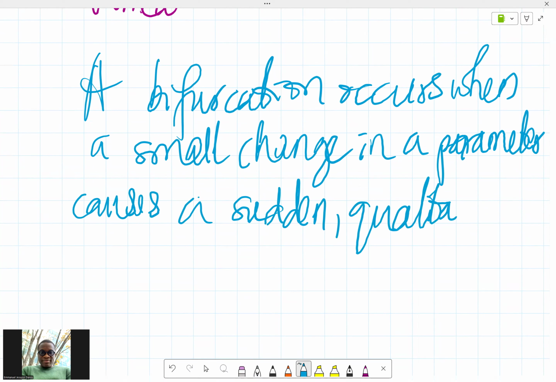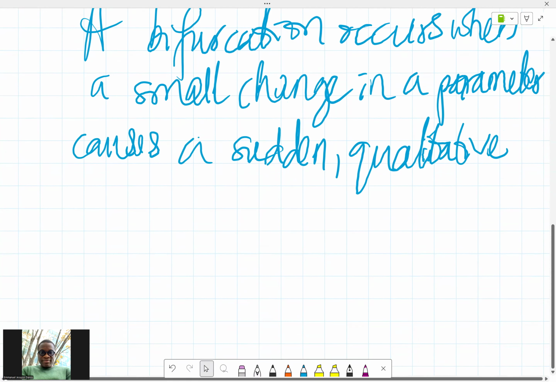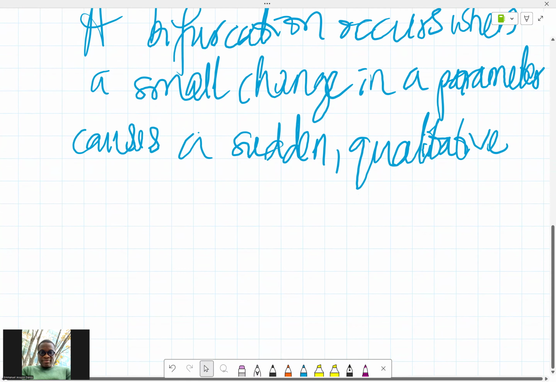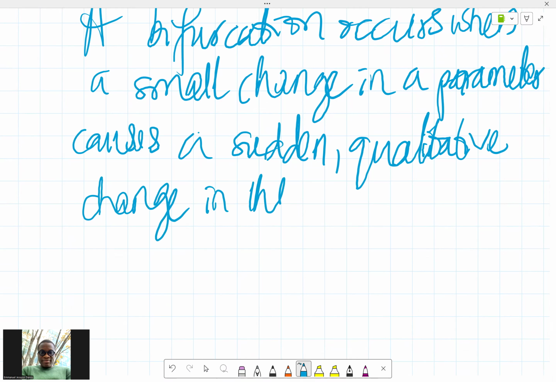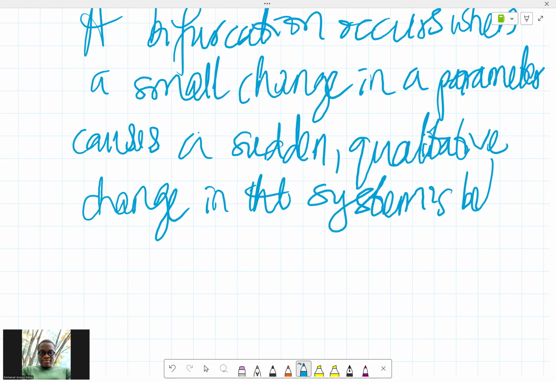Maybe a system that was stable before suddenly becomes unstable because of a little change. So it causes a sudden qualitative change in the system's behavior.